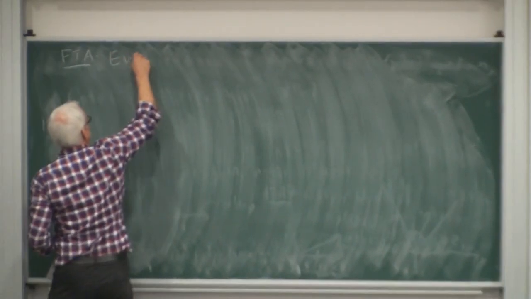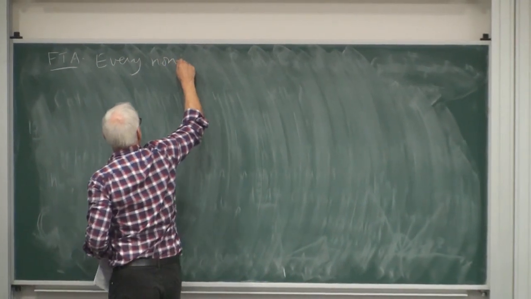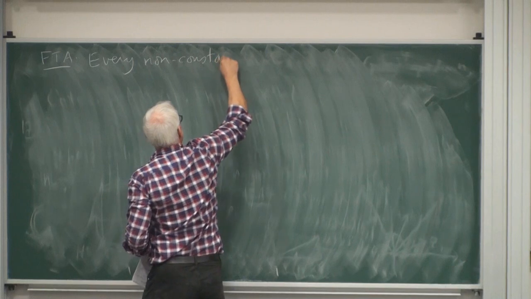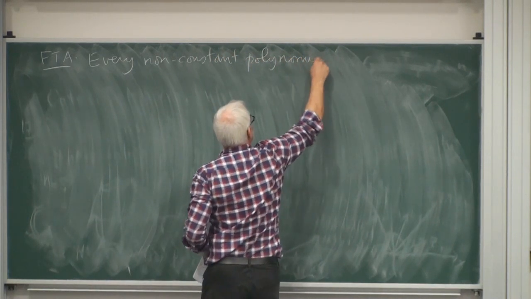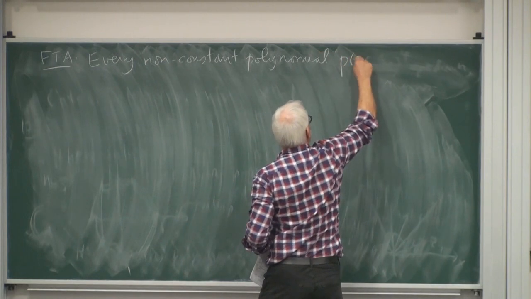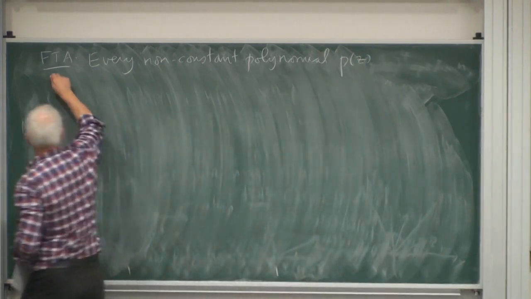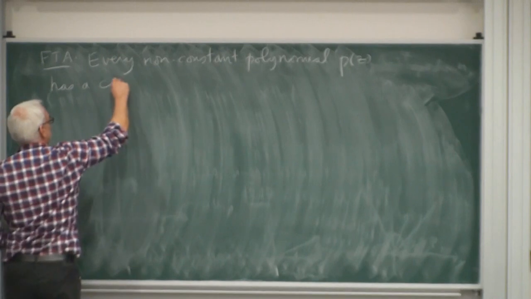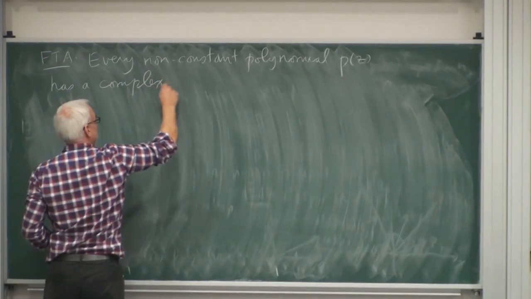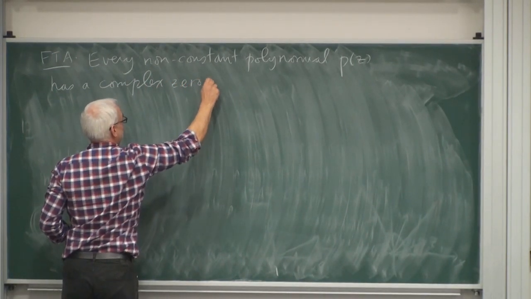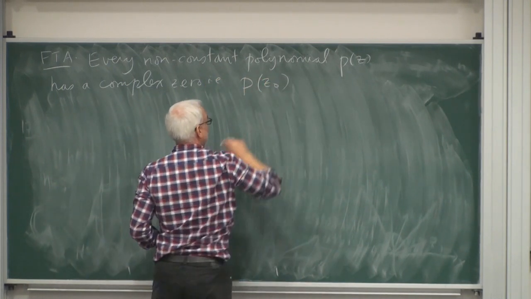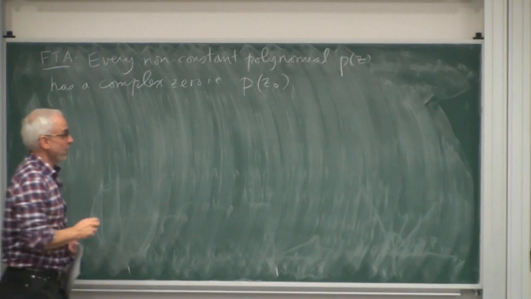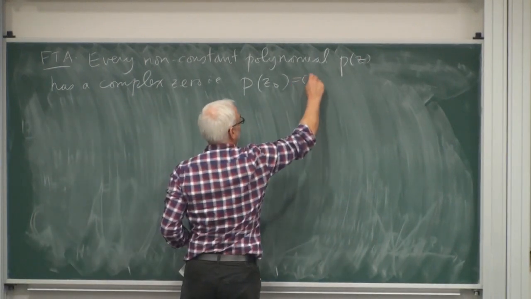So the fundamental theorem of algebra is that every non-constant polynomial, say p of z, has a complex 0. That means there's a complex number z0 for which p of z0 equals 0.